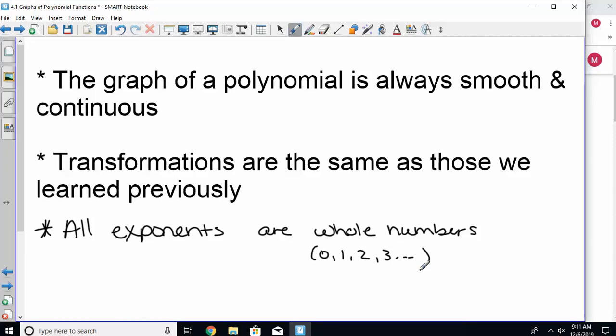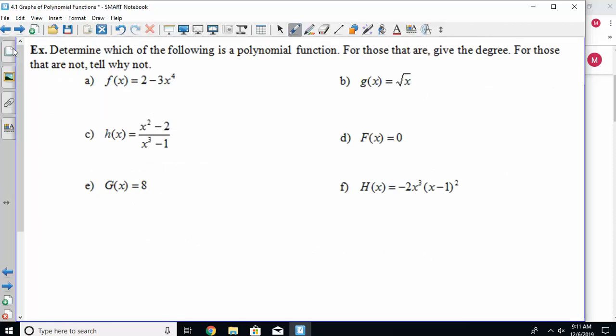So I want to first take some examples and see if we can identify whether we have a polynomial or not. Decide if it's a polynomial. If it is, we will give the degree.